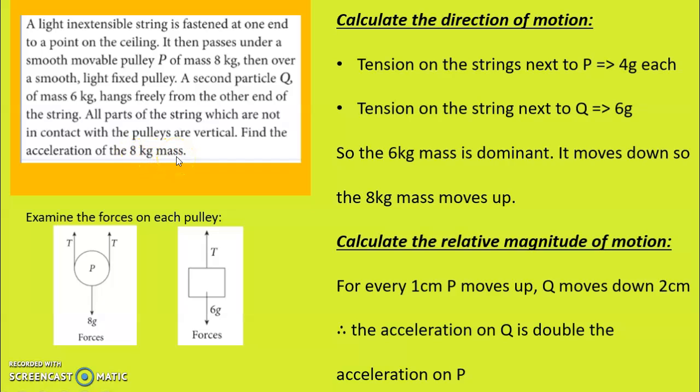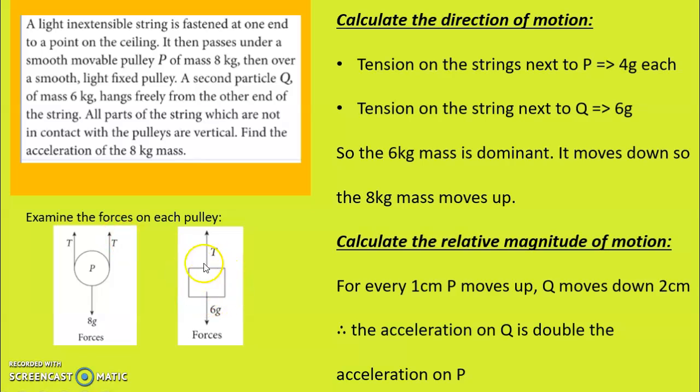Okay, so remember, this is the situation that we were just looking at in the last slide. So the forces on this pulley here, on P. We have 8g going down, so it has a mass of 8 kilograms, so the downward force is 8g. The tension up here on each string is going to be 4g on each of these.